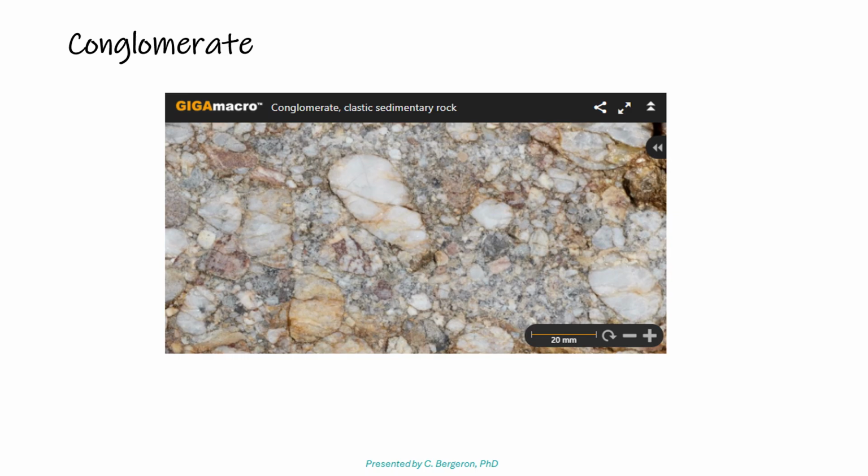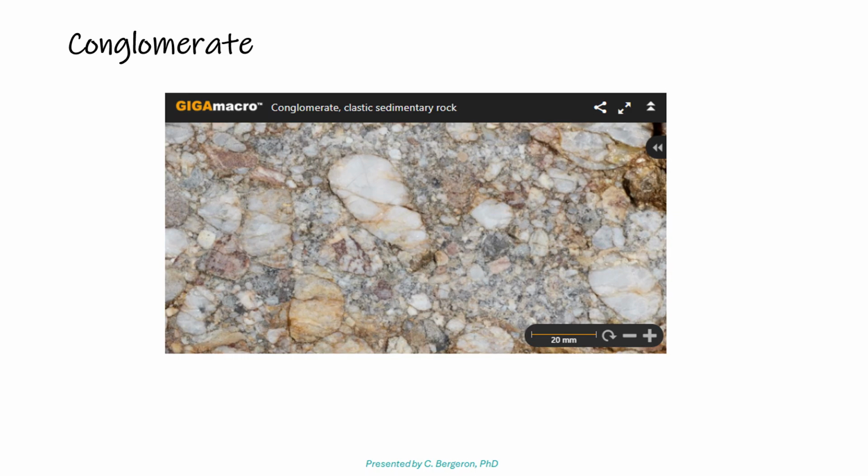So I'm just mentioning it here with a picture of conglomerate because conglomerate is a special type of rock where you have a mix of grains, but the mix of grains includes grains that are pretty well rounded. So it's a coarse grained clastic rock because the grain size, the clasts are very large.